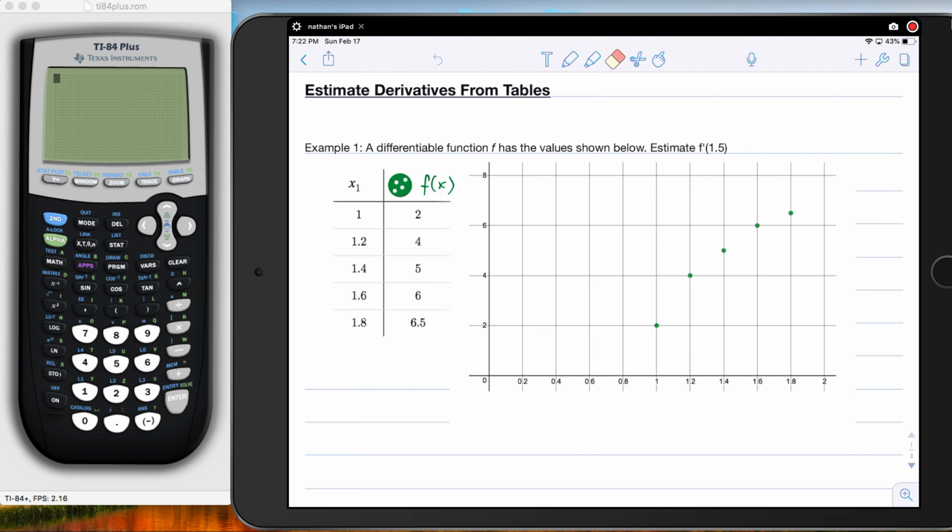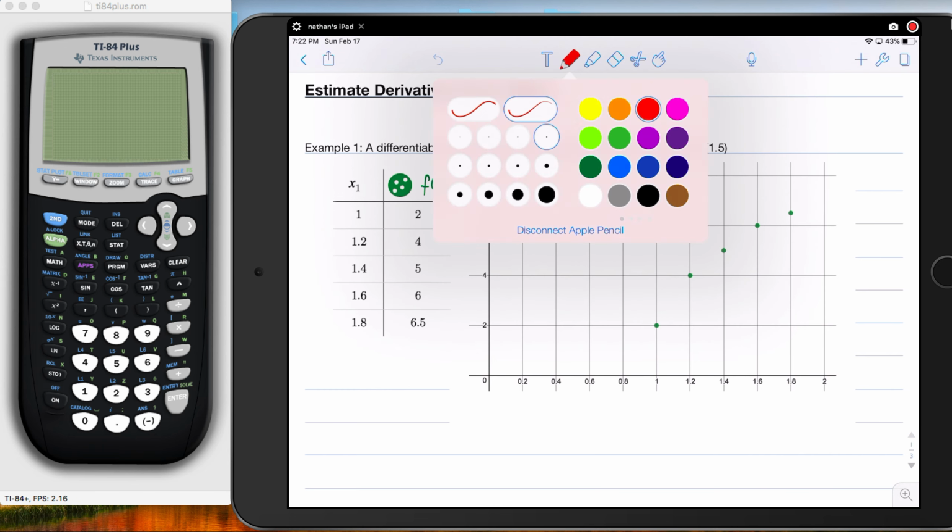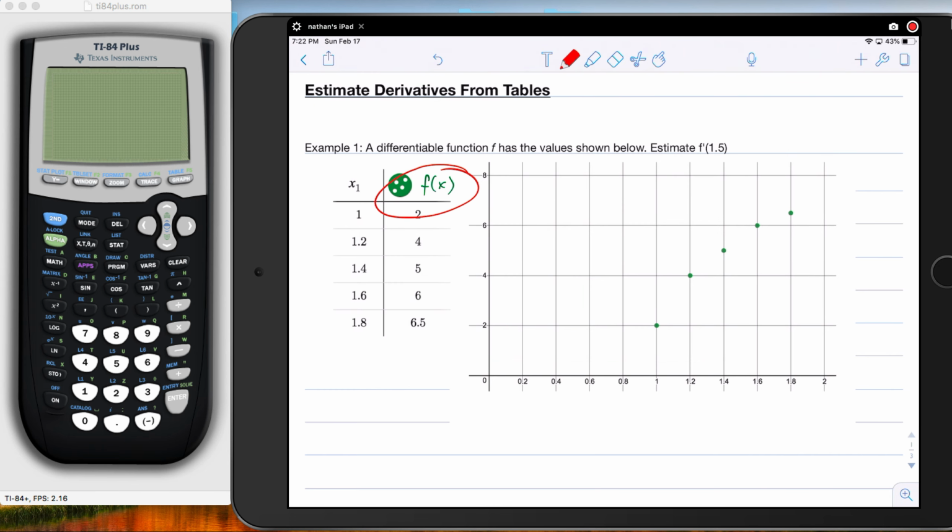Let's say, today we're going to learn about estimating derivatives from tables. Let's say you were given a function here that is a differentiable function, meaning there are derivatives across its entire domain.